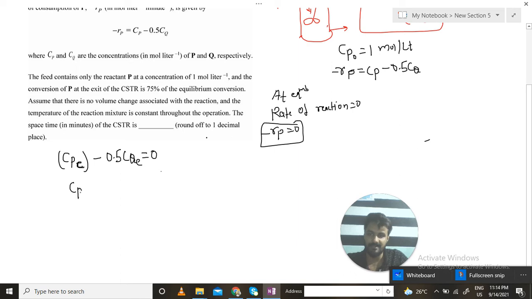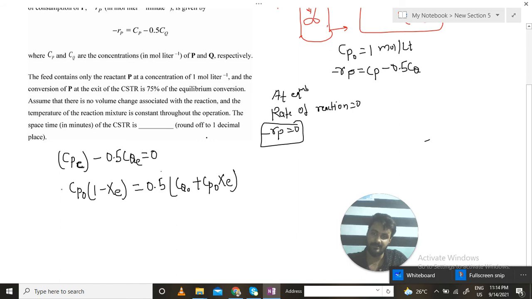So here you can write Cp naught into 1 minus Xe, where Xe is the equilibrium conversion, equals 0.5 times Cq naught plus Cp naught Xe.